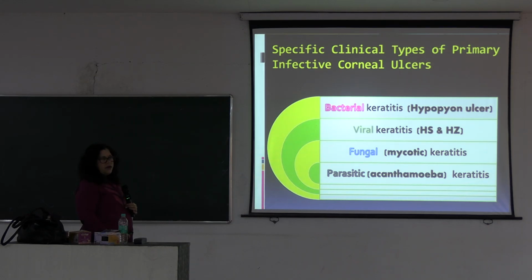Then fungal ulcer, also called mycotic ulcer or mycotic keratitis, and fourth one is parasitic or acanthamoeba keratitis. So now we discuss bacterial keratitis and hypopyon corneal ulcer.